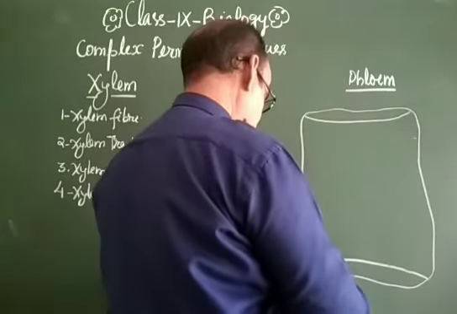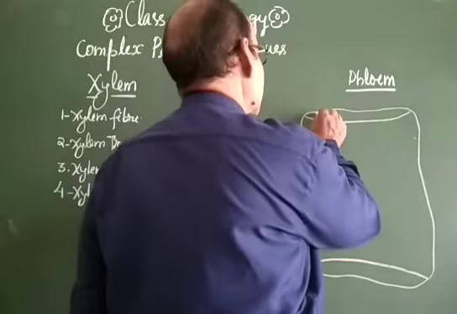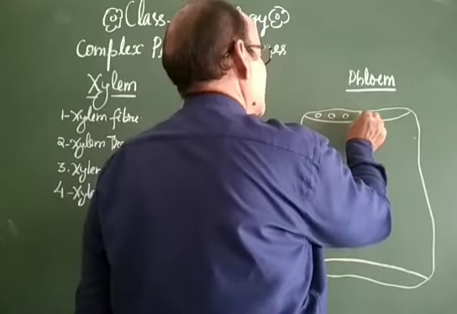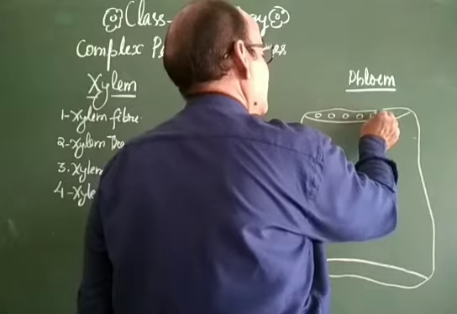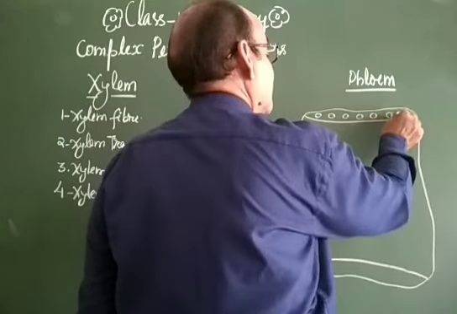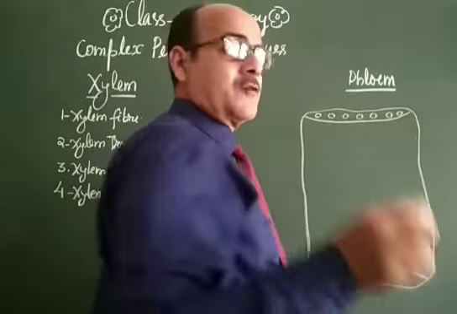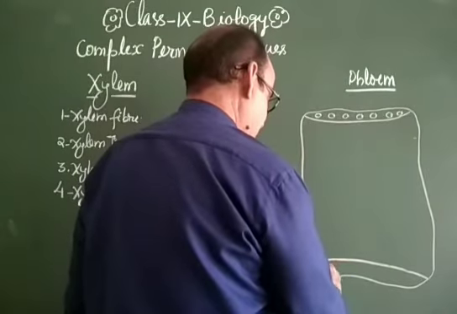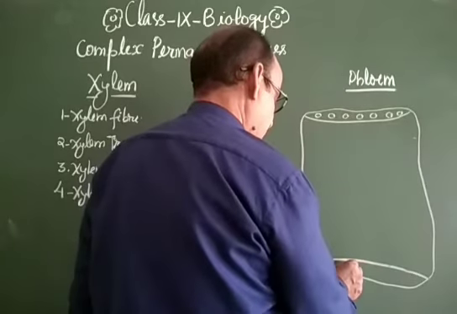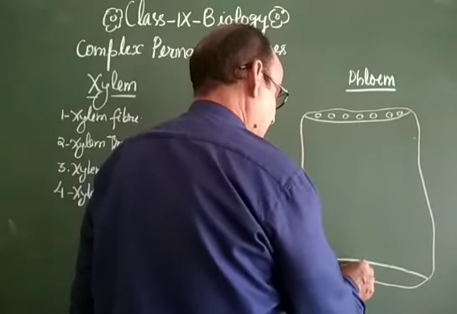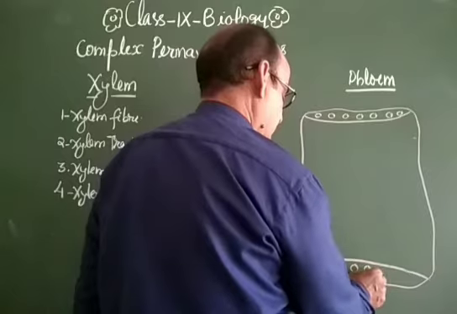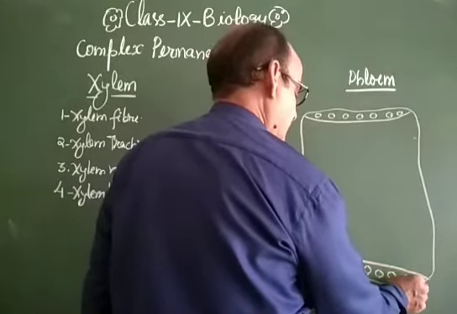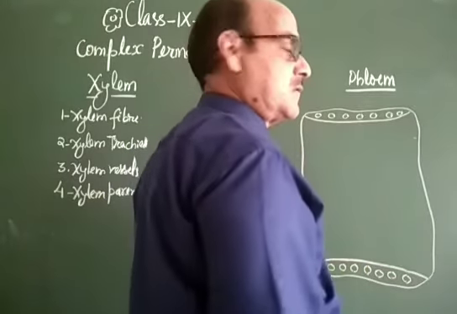Perforation means the presence of small tubule-like structures, and these small tubule-like structures are called sieve tubes.